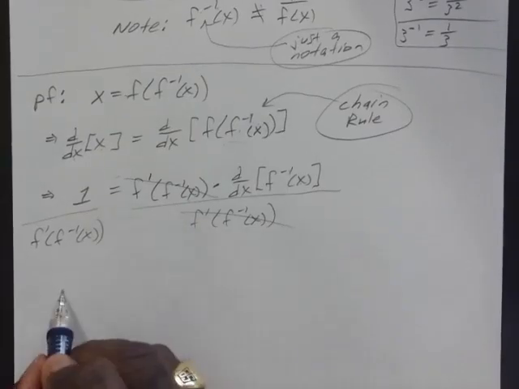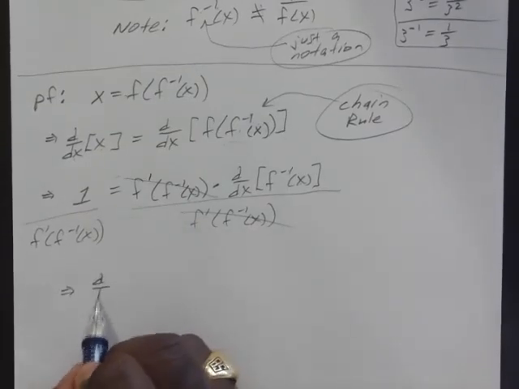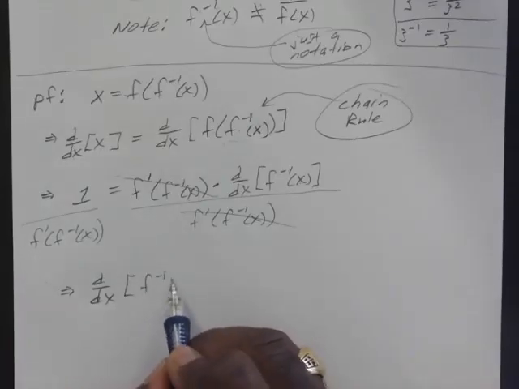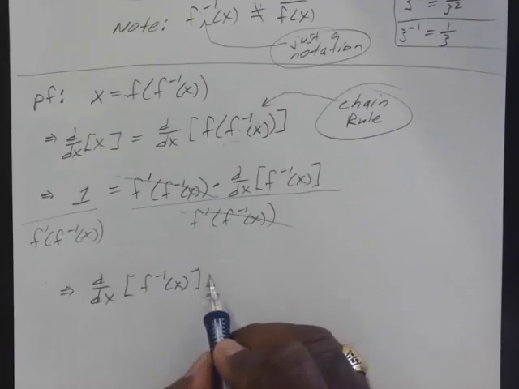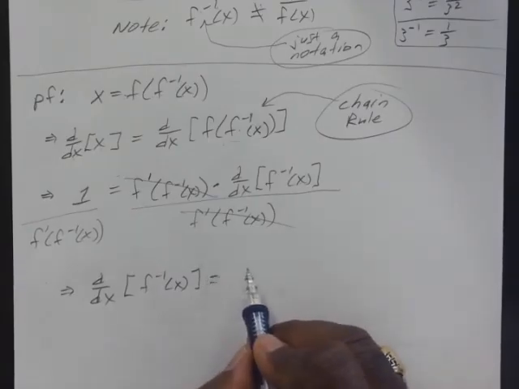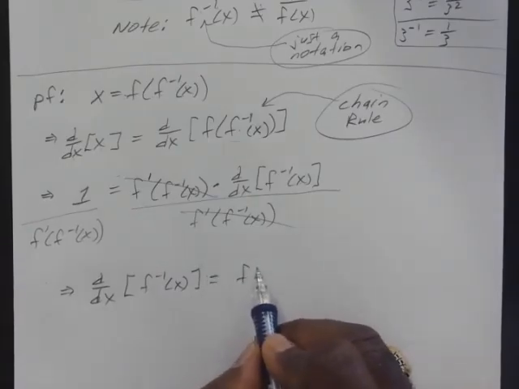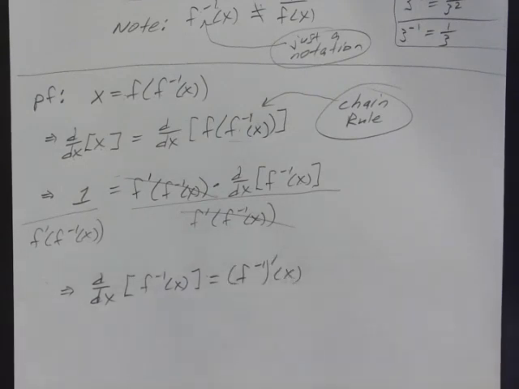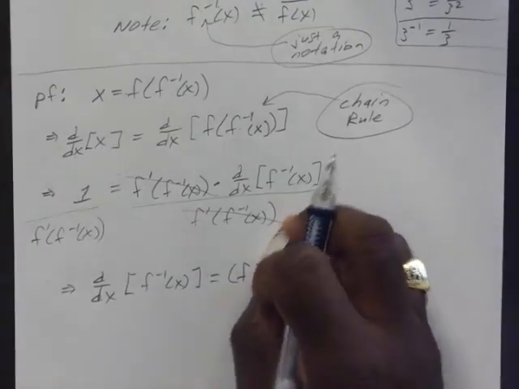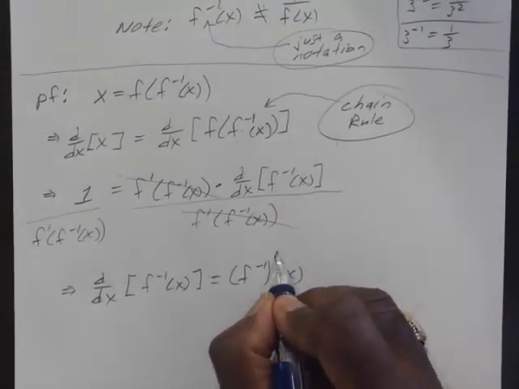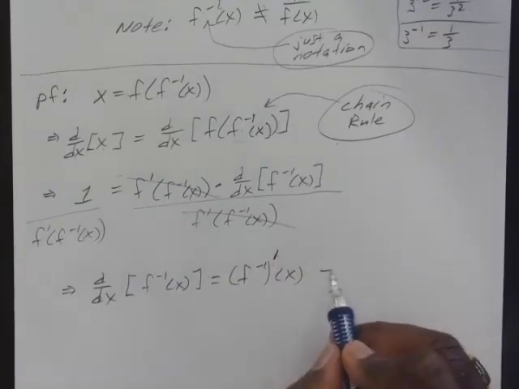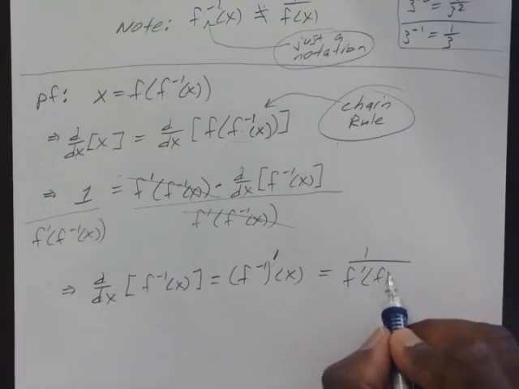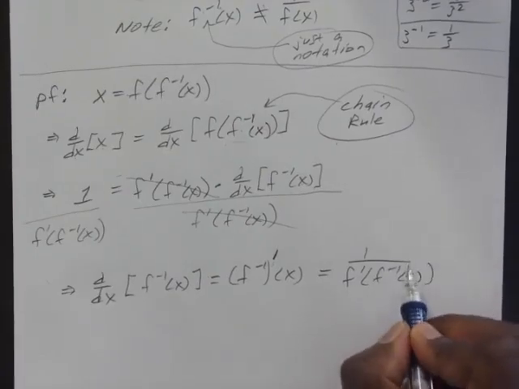So I'm just going to flip them around. So the derivative of f inverse of x, or you could just see it as f inverse prime of x, is equal to 1 divided by f prime of f inverse of x.